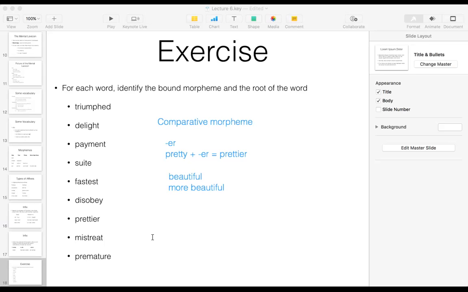Right. So when you start out with morphology, it's really easy to start seeing morphemes everywhere and be like, oh, I have to break this word up into multiple pieces. So "triumph" is one morpheme, right? Don't try to break that down into "try" and "umph," because just like you said, you're not going to be able to do that.